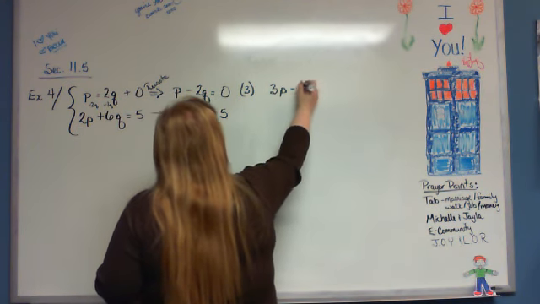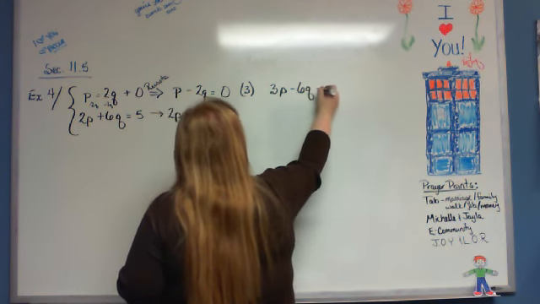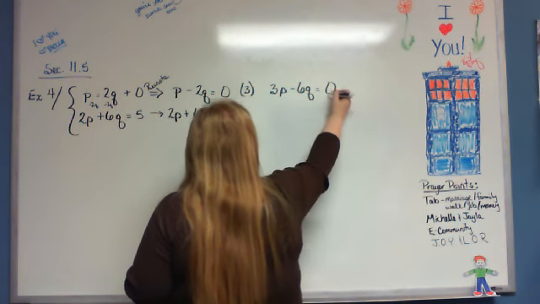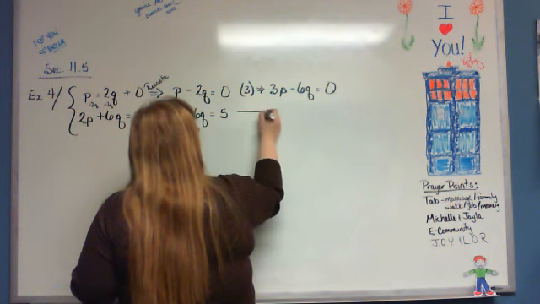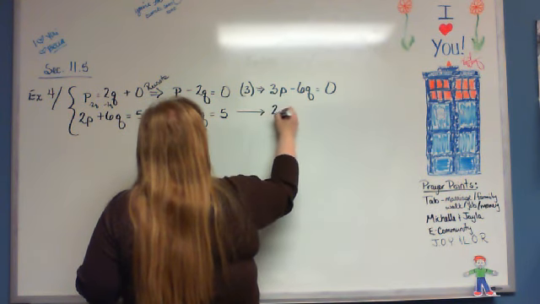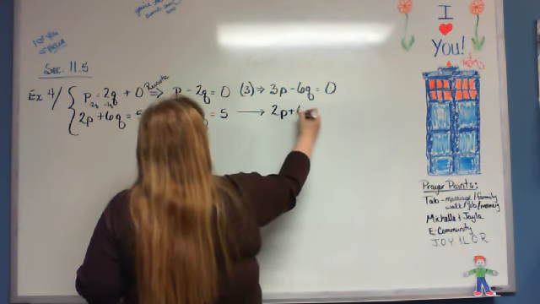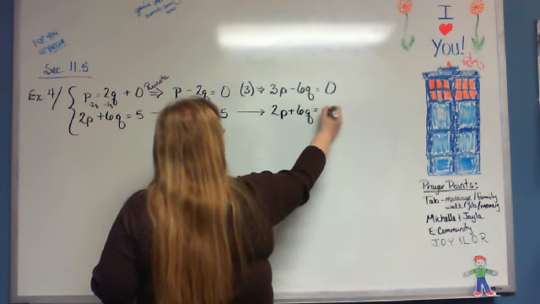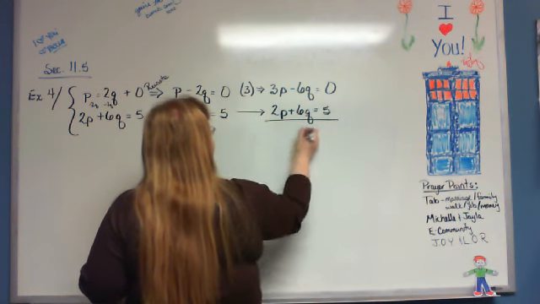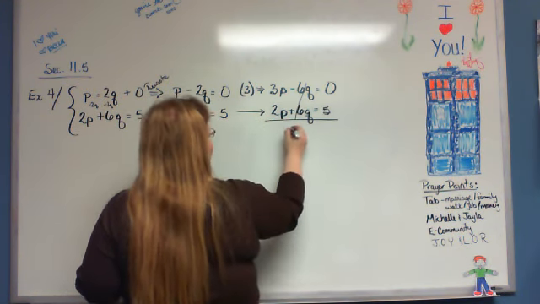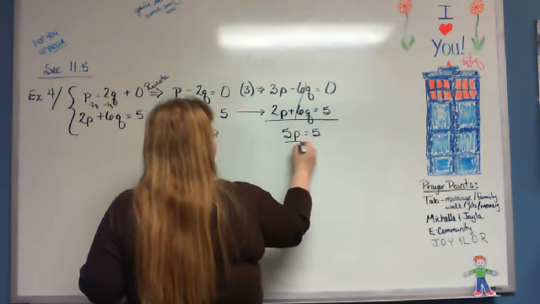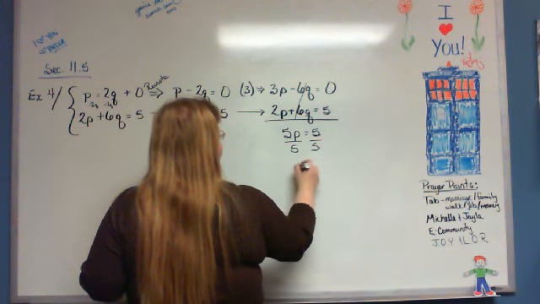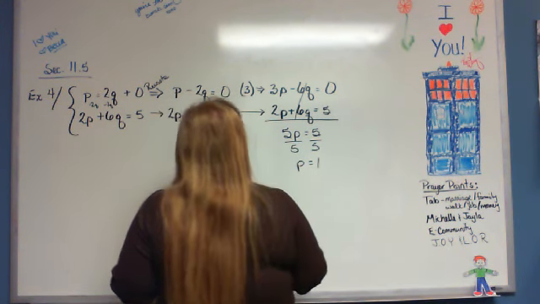So 3p minus 6q is equal to 0, because that's what that becomes. And this one just comes over: 2p plus 6q is equal to 5. So that's 5p is equal to 5. P equals 1.